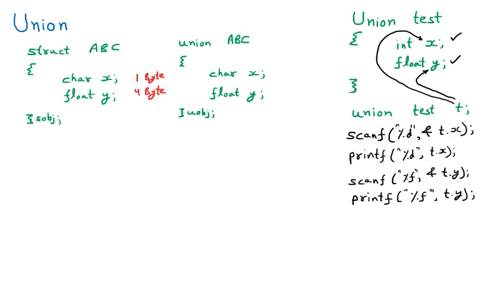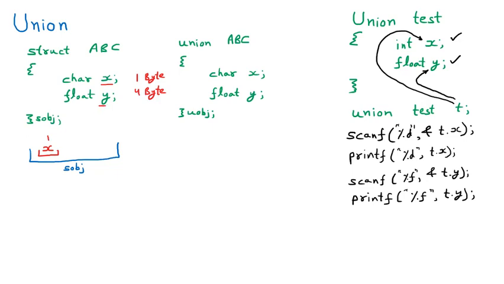Let us suppose that this is the memory. This whole is the memory for the SOBJ, meaning the structure object memory. How are we going to use the memory? How much memory will a structure use? First of all, to use x, we know x is of character type, so to store x, it will take 1 byte.